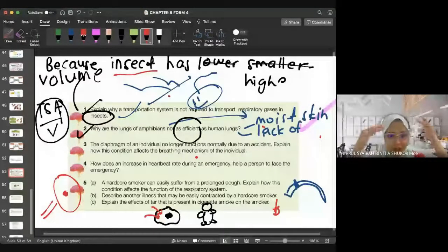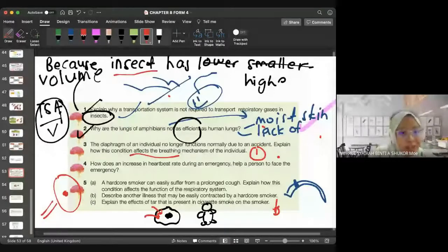Okay, if I can betulkan sikit nak jawab kat sini, the diaphragm of an individual no longer functions normally. Explain how this condition affect breathing mechanism. So macam Faid jawab tadi, first cerita dulu apa jawapan dengan breathing mechanism. So breathing becomes difficult, right? Difficult.